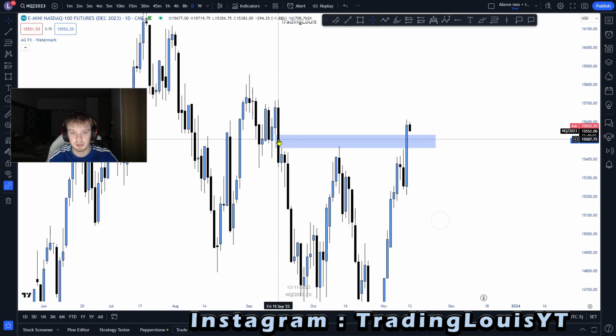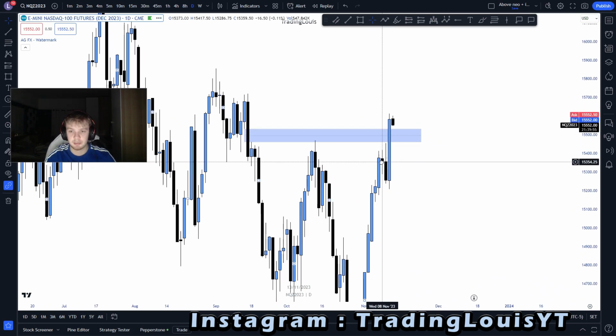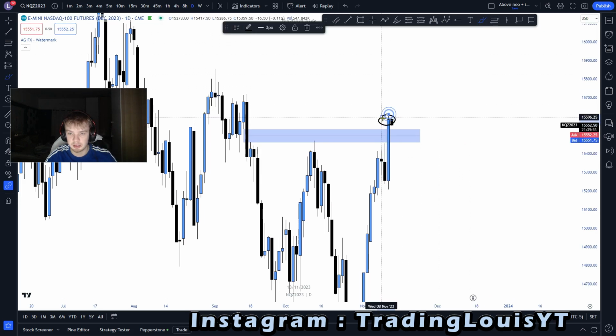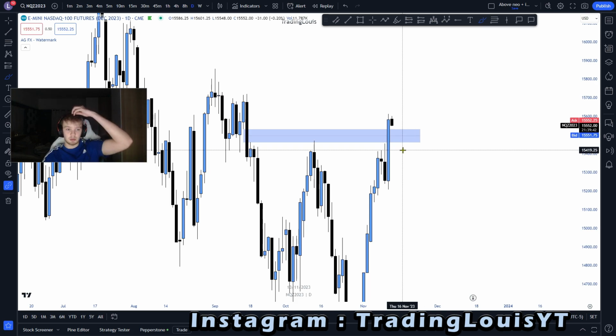So for example, this is a bearish fair value gap, and as you can see, price does not respect the fair value gap, and we get a body close above the candle. As soon as that happens, that is when the fair value gap gets disrespected, and that is what I call an inversion fair value gap.